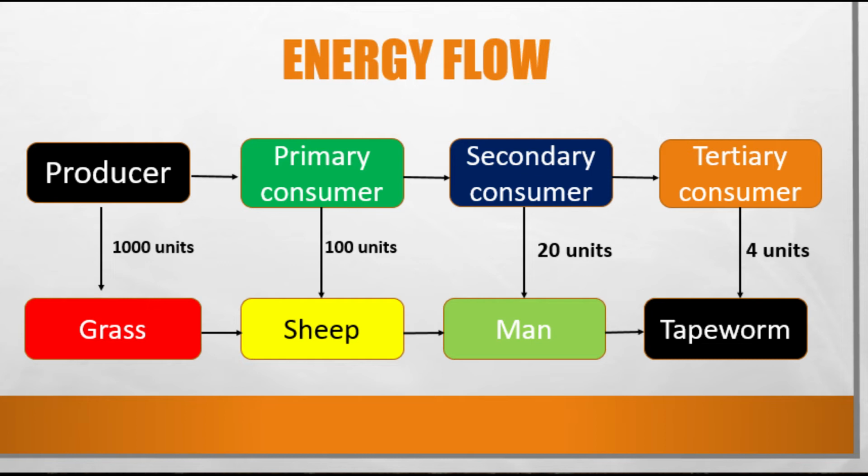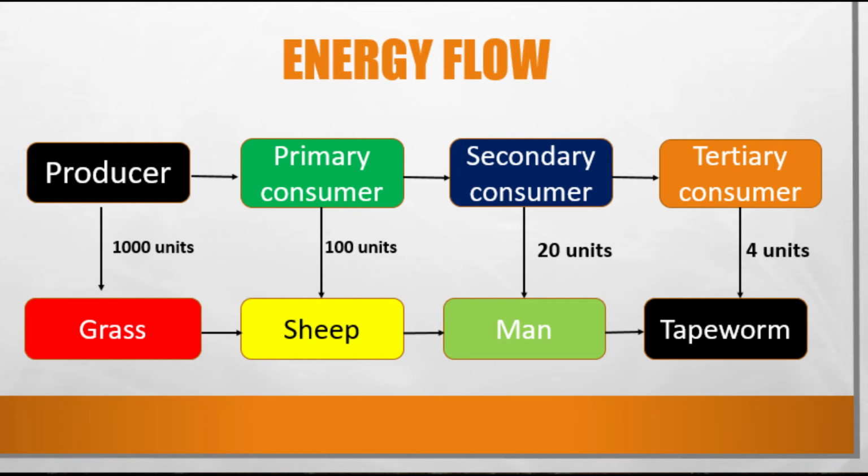Let me give you these examples for you to construct a food chain for me. Let's say I have grass, sheep, man, tapeworm. Now let's start with the construction. We said we always start from the what?